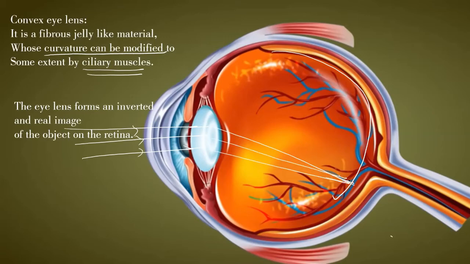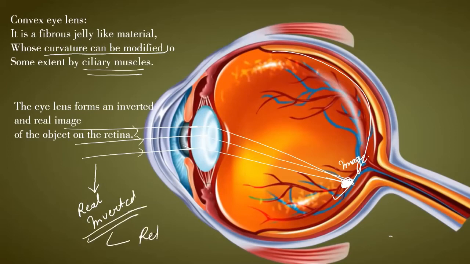As these light rays are getting converged at this point, this is where your image will be formed. And how will the image be? As it is a convex lens, the image formed would be a real and inverted image. Where is this image formed? This image is formed on the retina. What is the retina? The retina is your light sensitive screen.